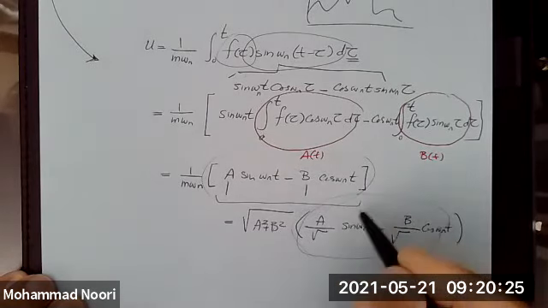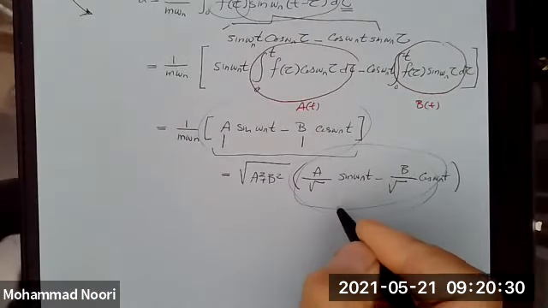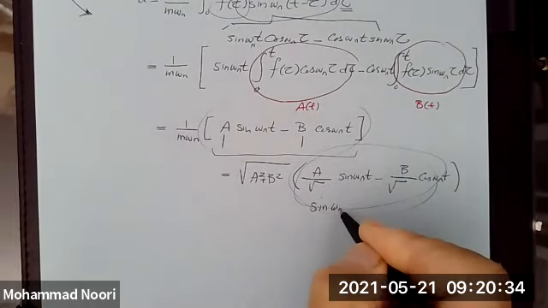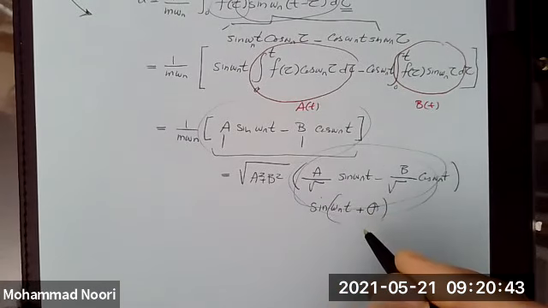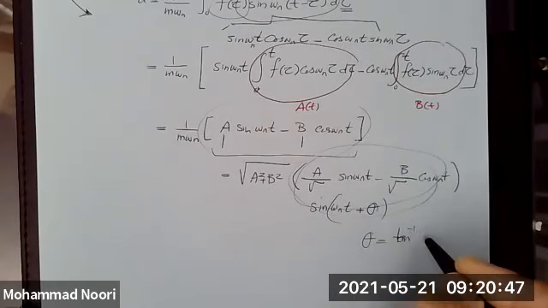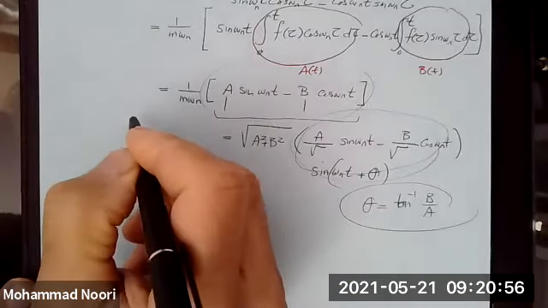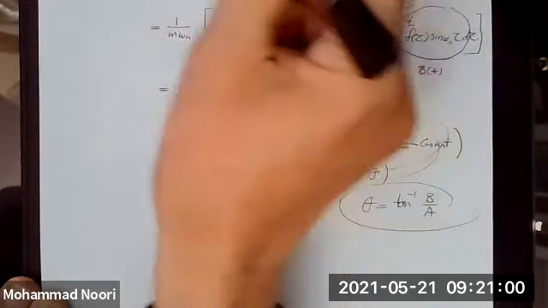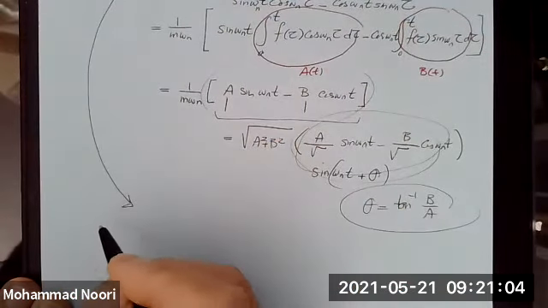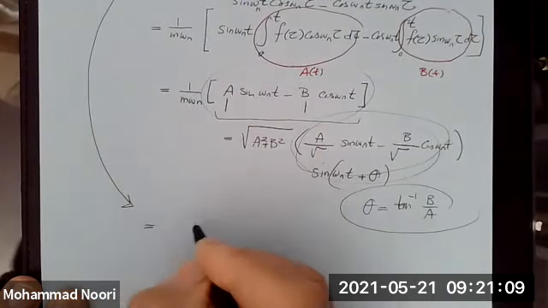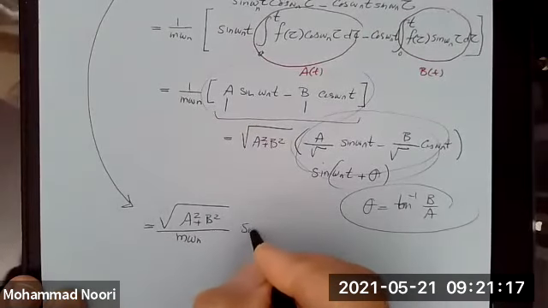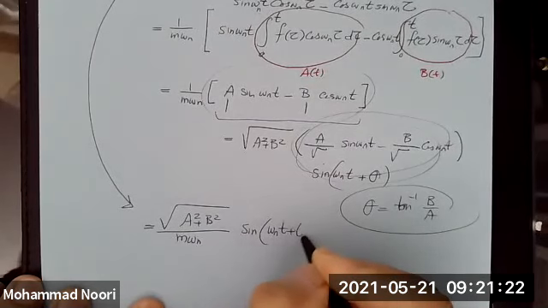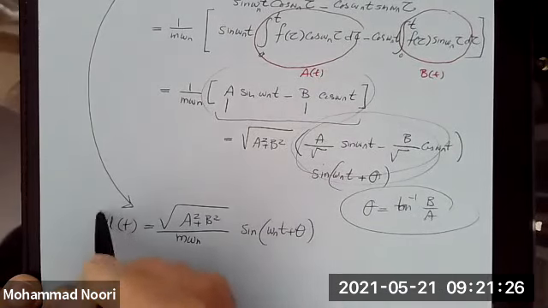By now you know that this will become just a sinusoidal function, sine of omega n t plus or minus theta, where theta is the arc tangent of, let's say, B over A. The whole response comes down to this: the solution becomes the square root of A squared plus B squared, over m omega n, times sine of omega n t plus theta.